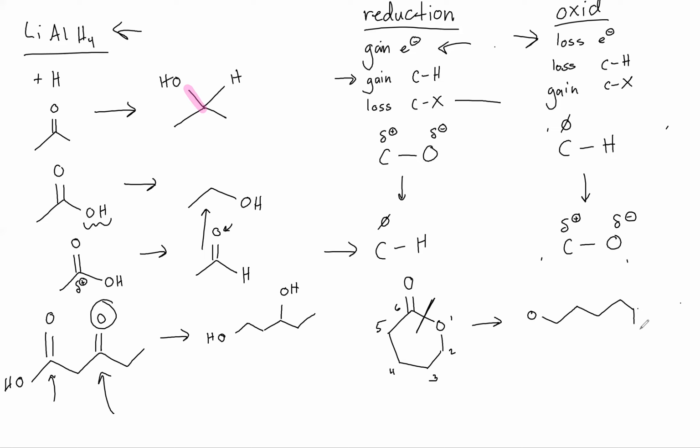We would have a double bond here when the ester bond breaks. But once we actually reduce everything, this will also become an OH bond. This is an OH bond. Okay? Does that make sense to everybody? Does that answer your question? Yes, thank you. Okay, awesome.